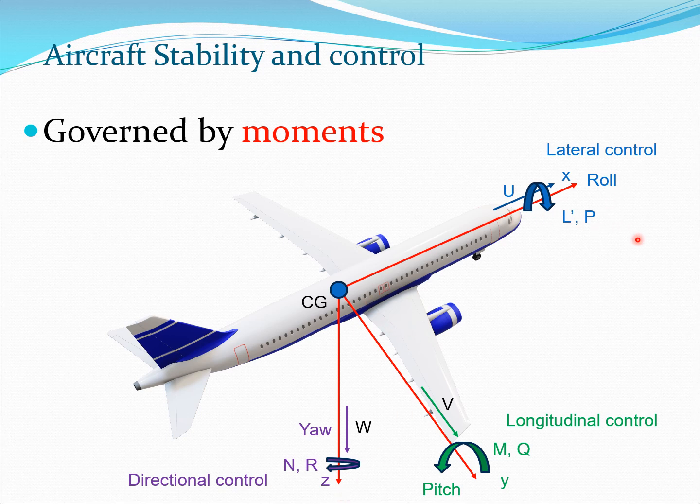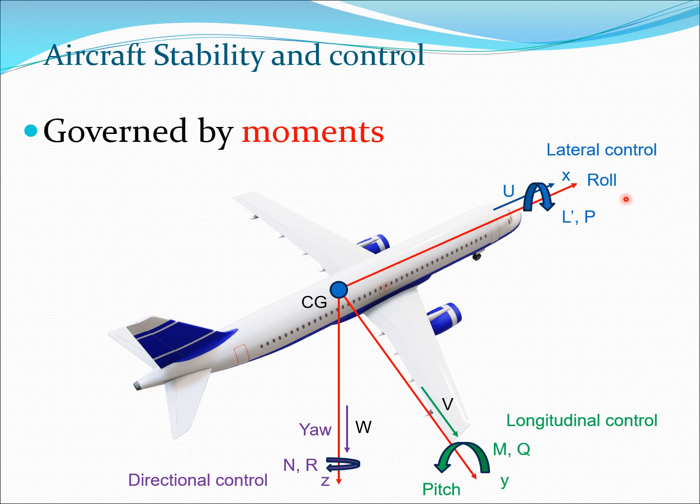Now let's look at these directions and at some of the things which act along them. In the direction X, there is a velocity U. In the direction Y, there is a velocity V. In the direction Z, there is the velocity W. Now this X corresponds to the roll direction.